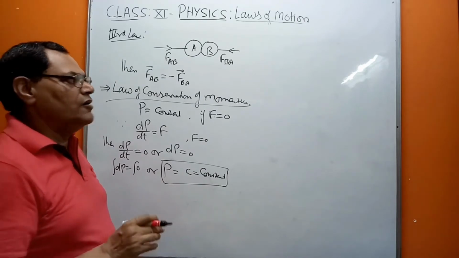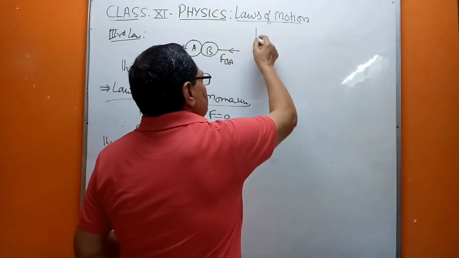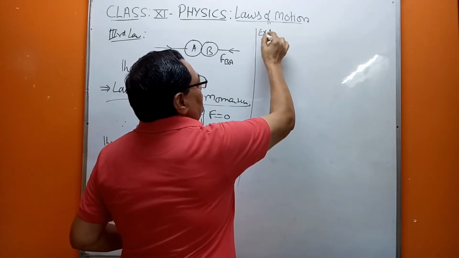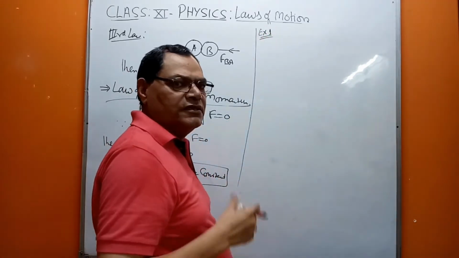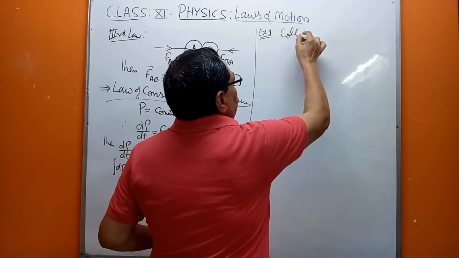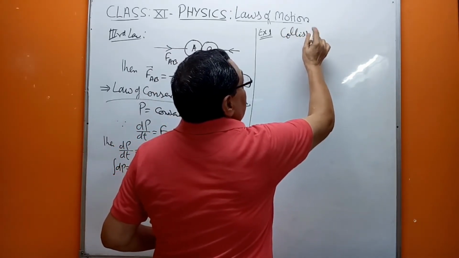Now we have some examples of this. Example 1 of momentum conservation is a collision, say the elastic collision.